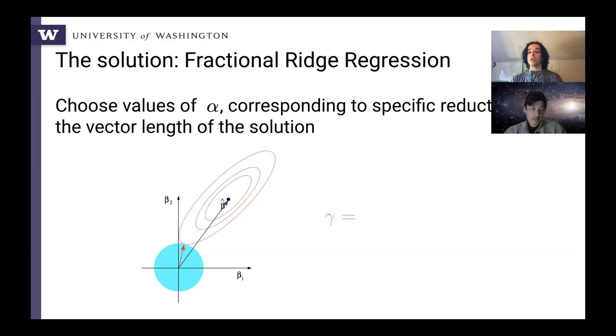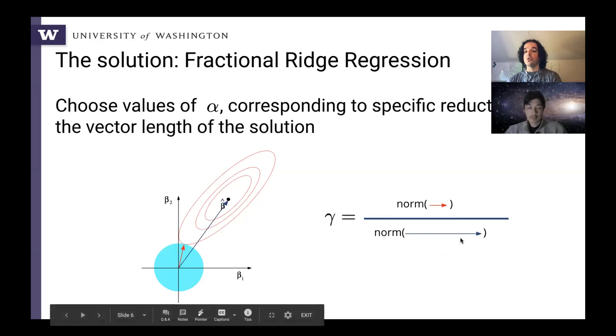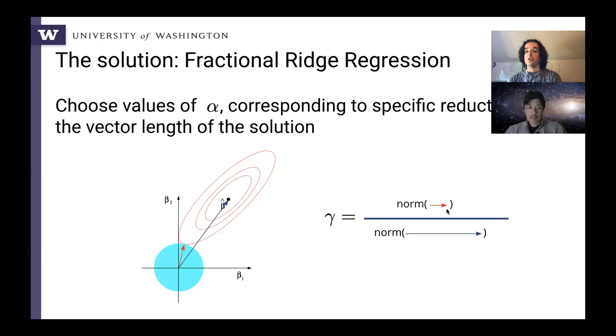What we'd like to do is define a new quantity that we call gamma that quantifies the length of the norm of the ridge regression solution relative to the norm of the ordinary least square solution. So the ratio between those.